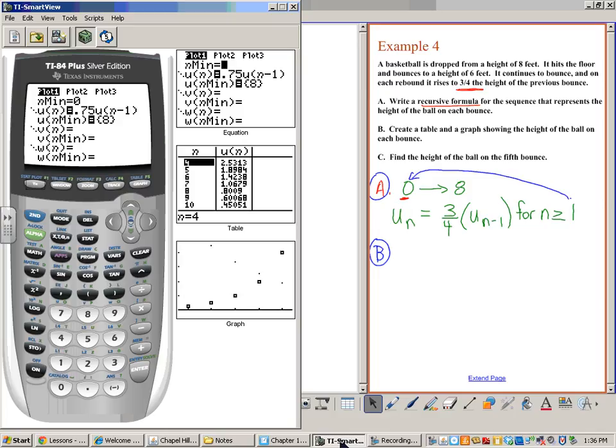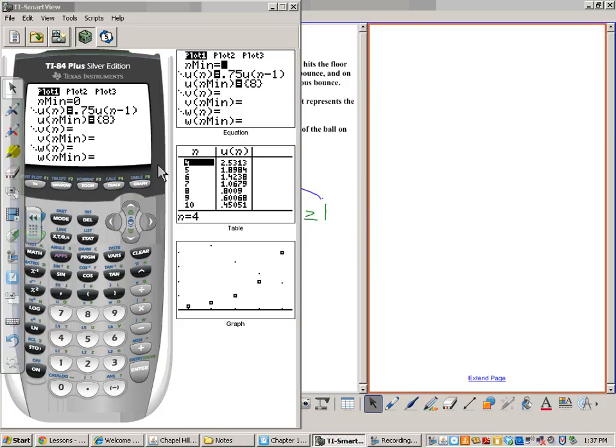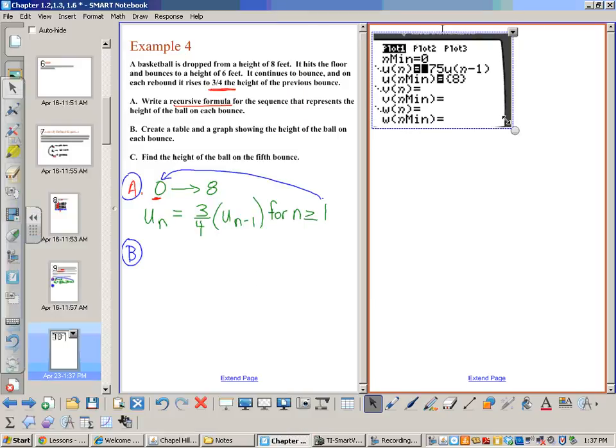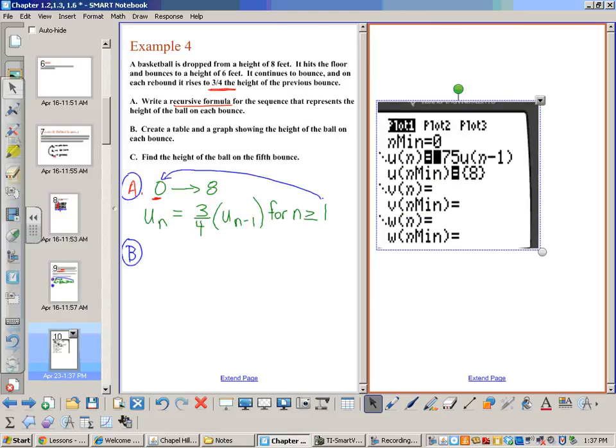And then u of n minimum is going to be, what does it start at? That 8 is going to be the starting value, and you use the brackets that are above the parentheses, so you're going to have to use your second key for those. Let's make sure we get this right.